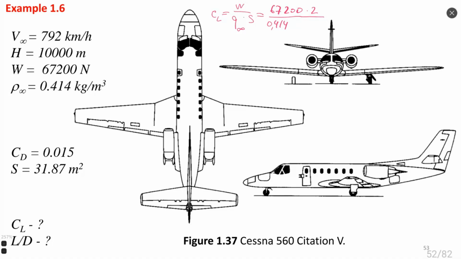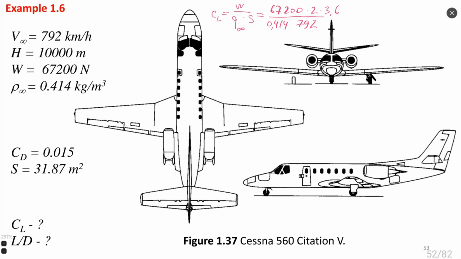How do we convert to meters per second? We have to multiply, right? Wait. How can we do it? We divide by 3.6, probably. We divide by 3.6. 792, and my 3.6 will be here.